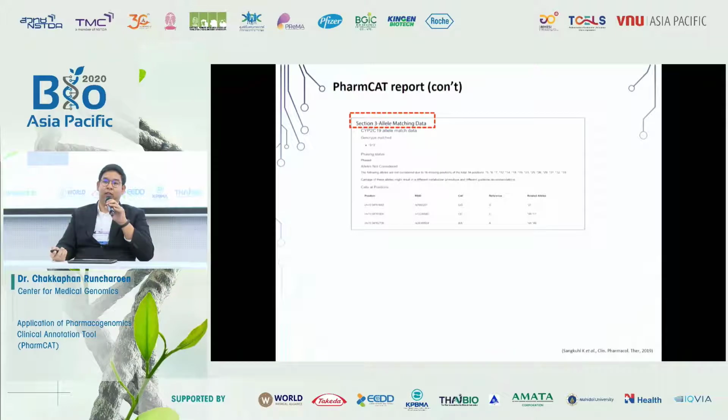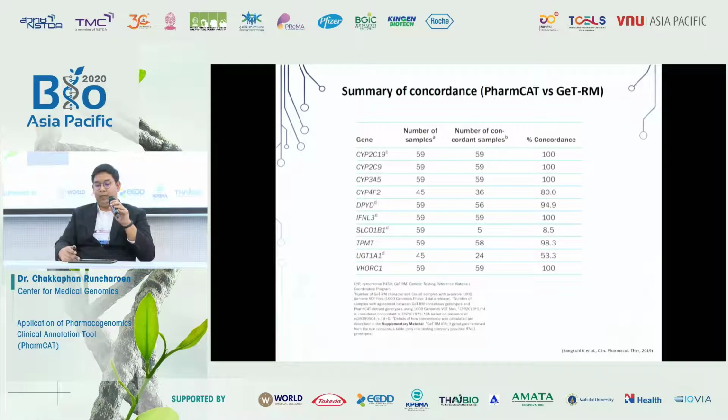For this section, it will show you the detected allele and the related alleles. And this is all about the PharmCAT report.